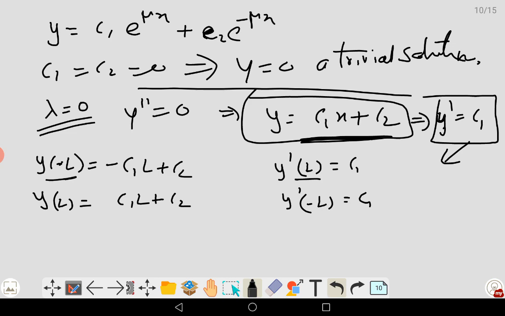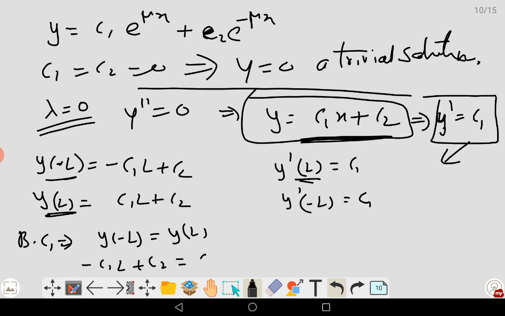Now we have to compare this with this one. What is boundary condition 1? Y of minus L is equal to y of L. So minus C1 L plus C2 is equal to C1 L plus C2.